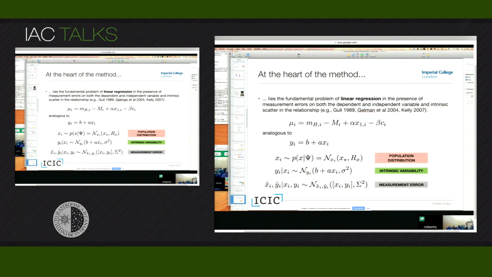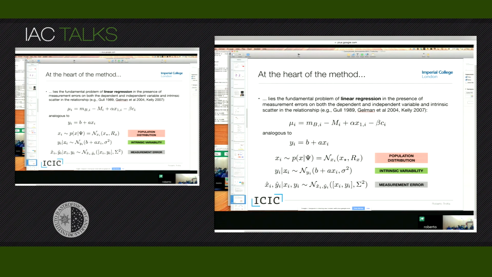We call this the population distribution of the xi's. This xi is the latent value, the unknown, unobserved true value of the xi's, which we do not observe. What we do observe is the xi hat.